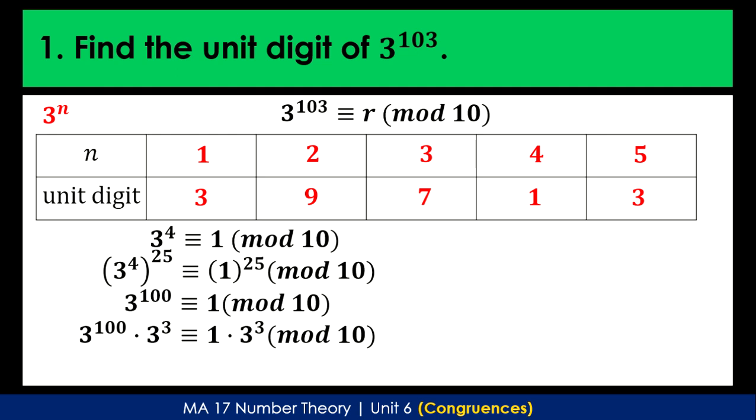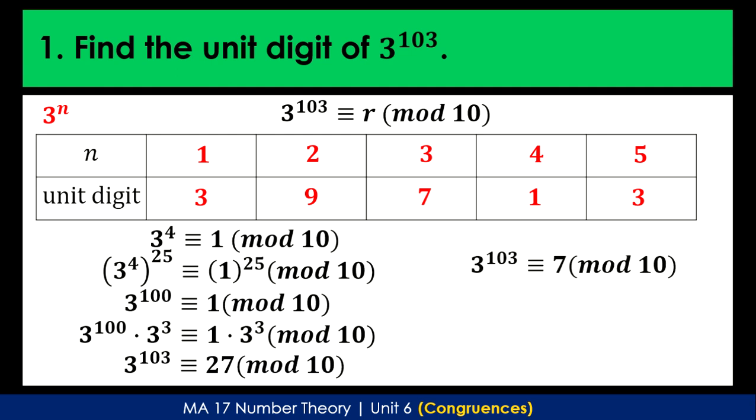If we simplify this, we have 3 raised to 103 congruent to 27 modulo 10. Since we are after the remainder when we divide by 10, 27 can be simplified as a remainder of 7, because 27 divided by 10 has a remainder of 7. So 3 raised to 103 is congruent to 7 modulo 10. Therefore, the unit digit of 3 raised to 103 is 7.